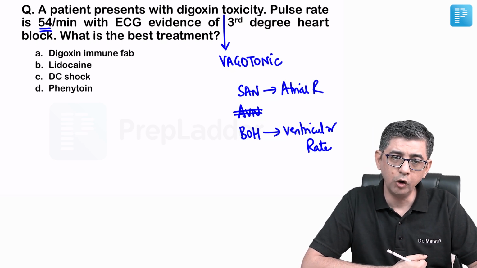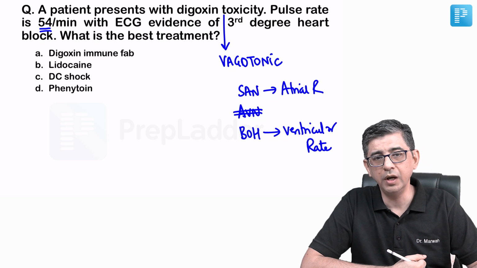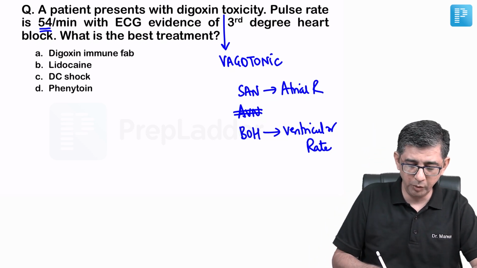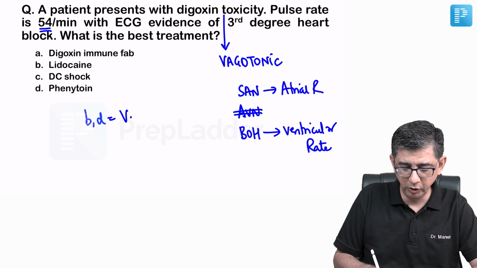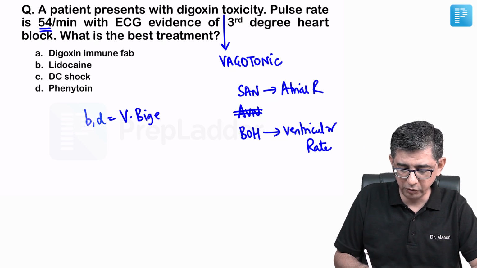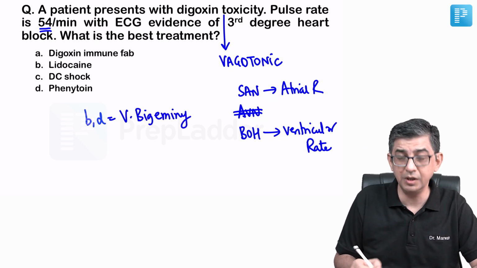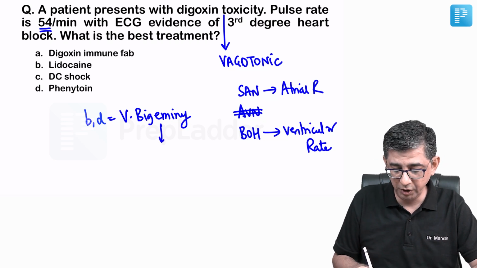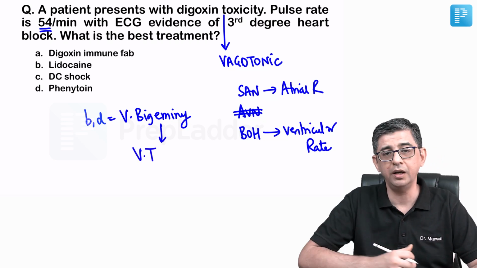If we look at option number B and D, lidocaine and phenytoin, both of them are useful for management of ventricular bigeminy, which is one of the commonest tachyarrhythmias that can be seen in these patients. And ventricular bigeminy can then degenerate into ventricular tachycardia.